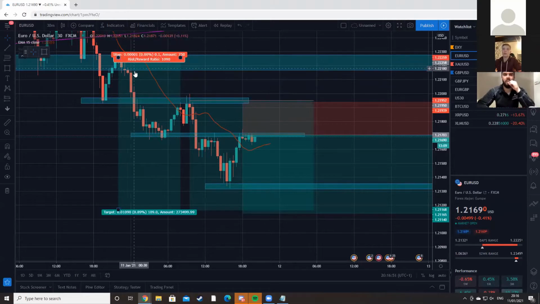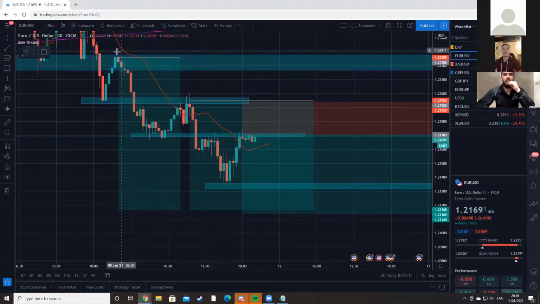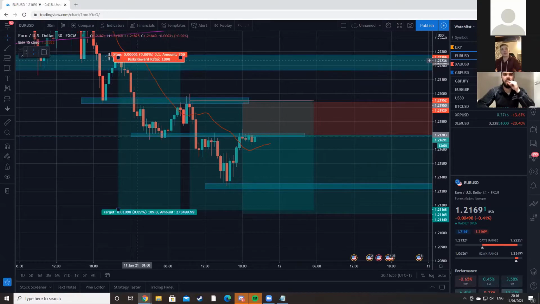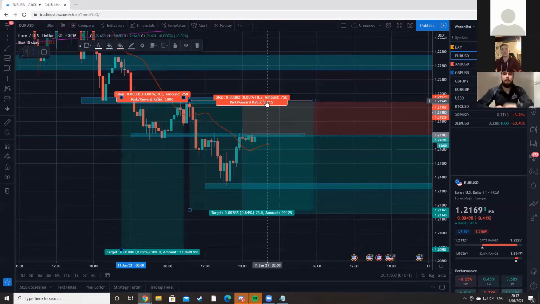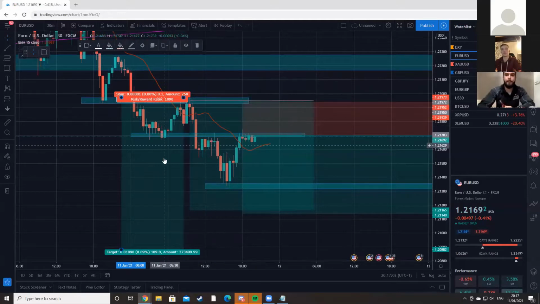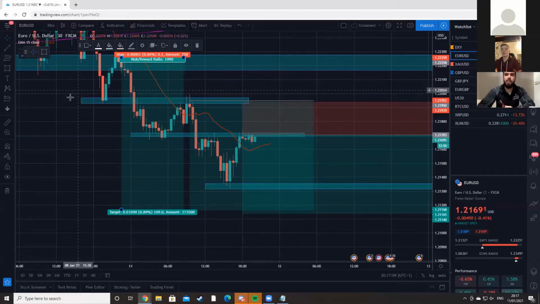Which also means that the stop loss of our first entry will be here at the same level as our second and third entry. So we are already in profit with our first entry for 30 pips.